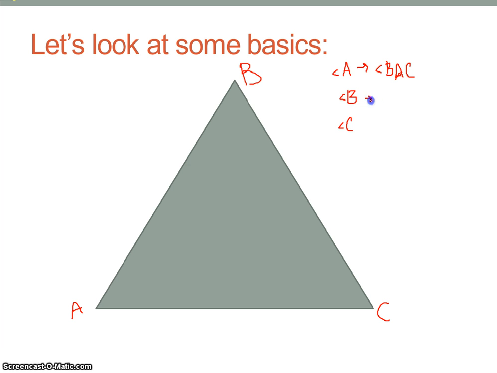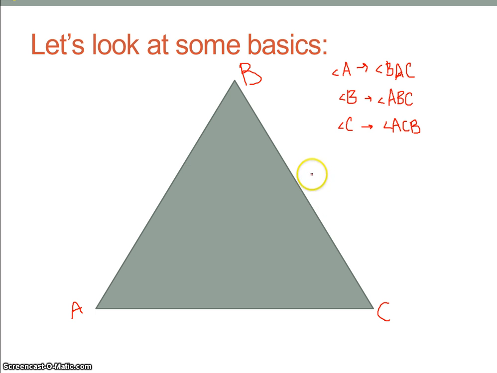So then angle B could be angle ABC, and angle C could be angle ACB. And it doesn't matter which order, as long as you could say angle ABC or angle CBA, as long as you're referring to angle B.